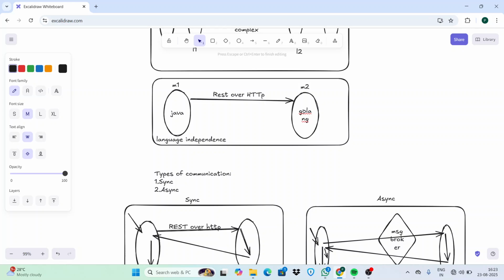For example, we can take Facebook. Each person is nothing but a microservice. Each person has their own account, or we can say their own knowledge.